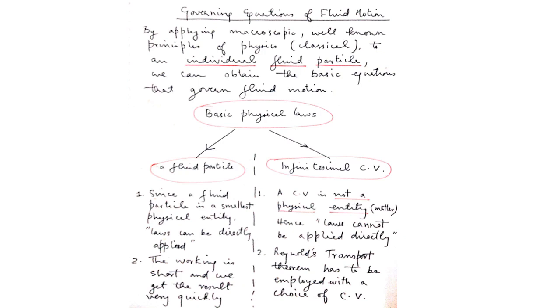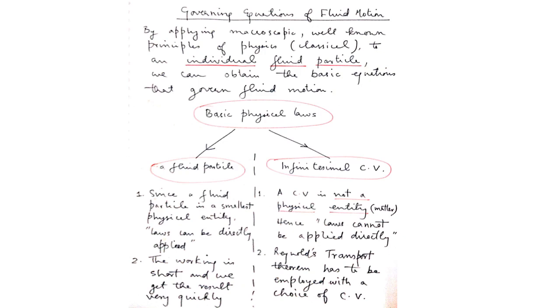There are some very basic plus and minus associated with these two approaches. So we can look at the aspects of the two ways I have written on the left and the right.